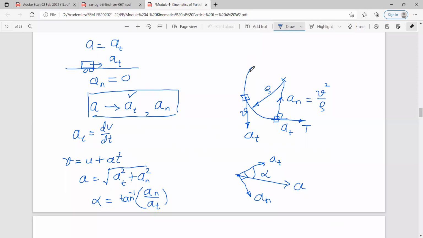I want to study the motion of the particle in the xy plane. So I can decide my xy plane anywhere. Like I will select origin point here, and I will select two axes. One is x-axis and another one.